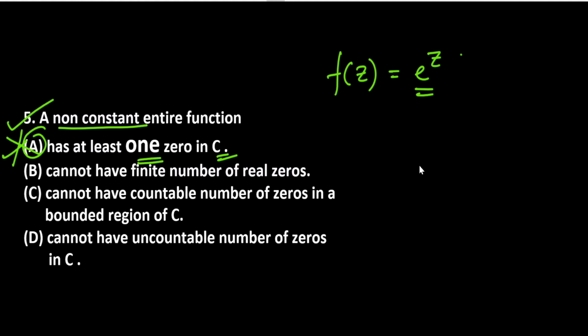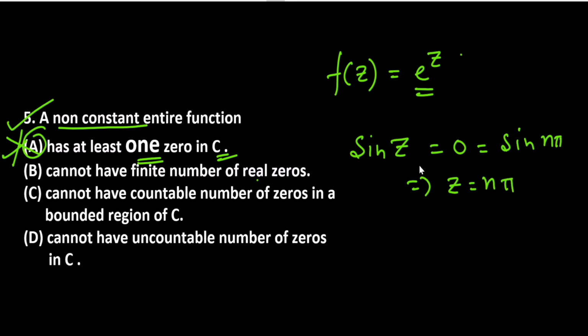Now we go to option B. It cannot have finite number of real zeros. Suppose we take sin z. Now sin z equal to 0 implies sin n pi, so this implies z equal to n pi.